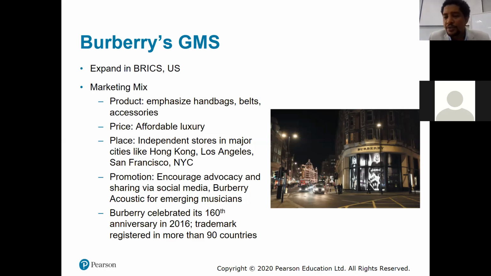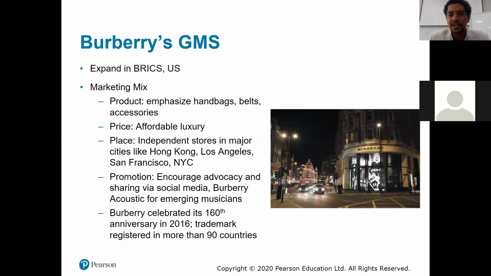So they have modified their marketing mix. In terms of products, they have emphasized handbags, belts, and accessories. That's their focus. On price, they try to give affordable prices to their luxury products. On place, they have independent stores in Hong Kong, Las Vegas, San Francisco, New York, and also in different other parts of the world.